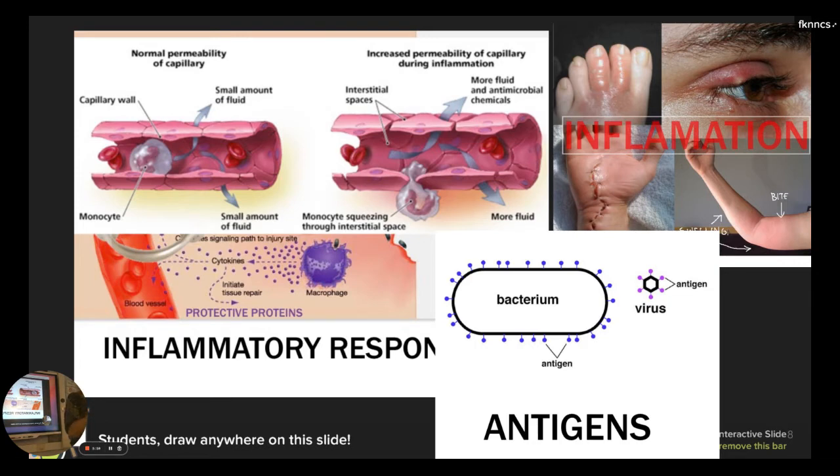That's how we know stranger danger. And within our first initial response, we have our innate immunity, and that immunity is the same in all of us here in the room. It's what we are born with. And then we have our adaptive immunity, which is due to the experiences we've had. Your inflammatory response is primarily your innate immunity.